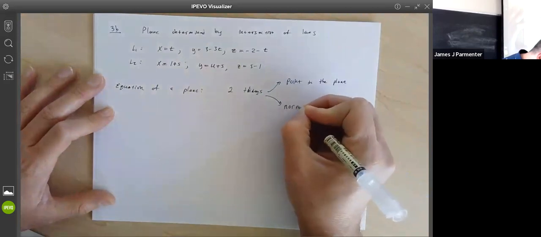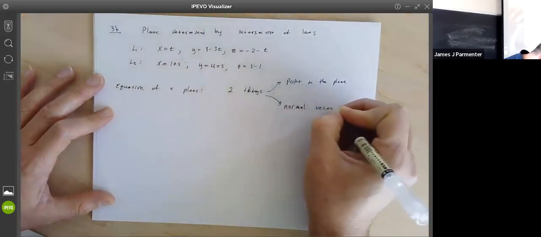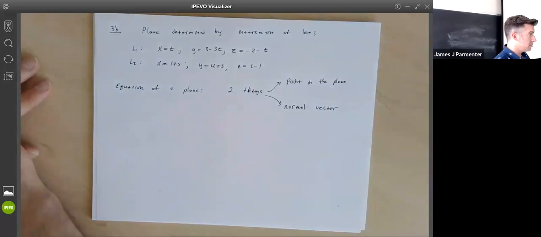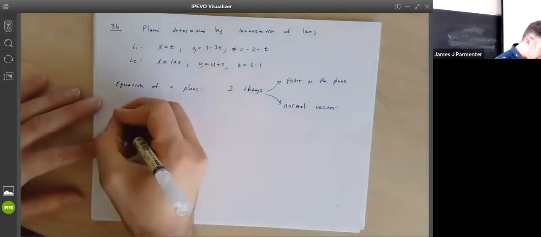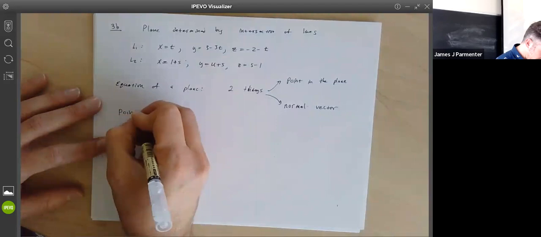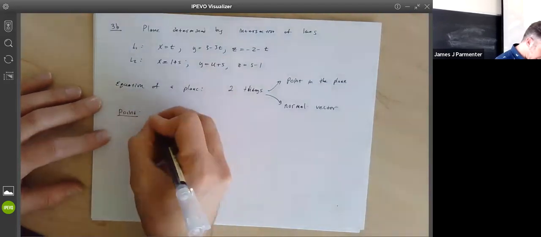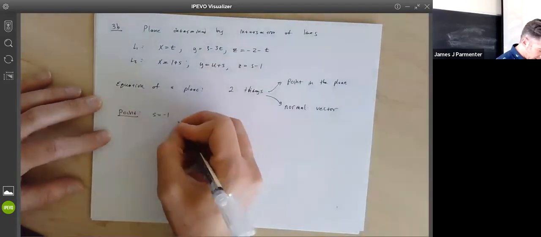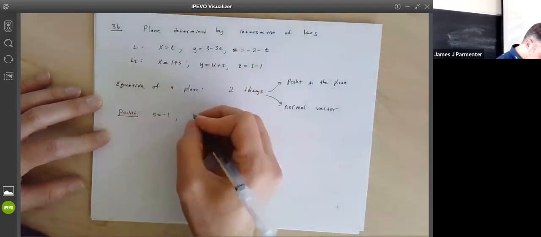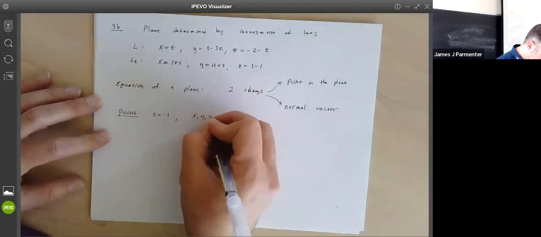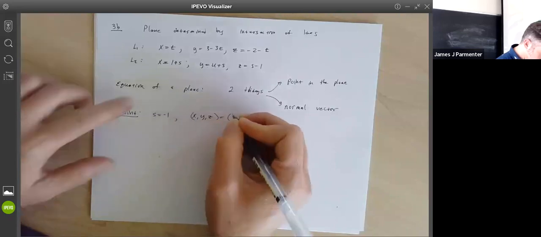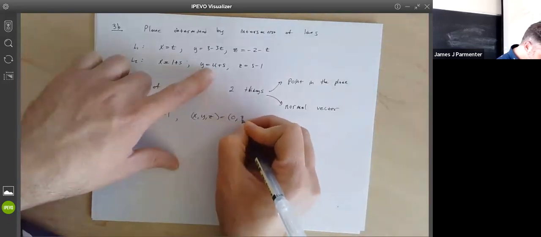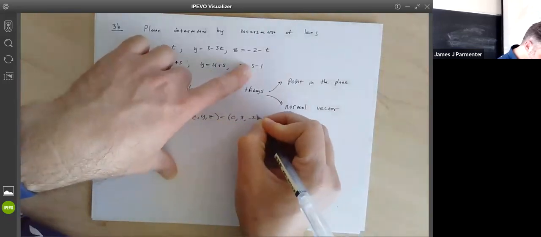You need a normal vector. That's all you need. So I'm going to find a point. I'll change it up just for the fun of it. Let's let s equal -1, and we're going to get the point x, y, z equal to 0, 3, -1 minus 1 is -2.